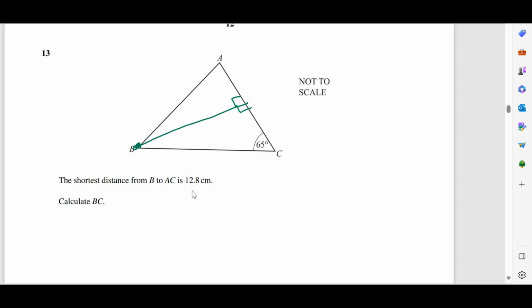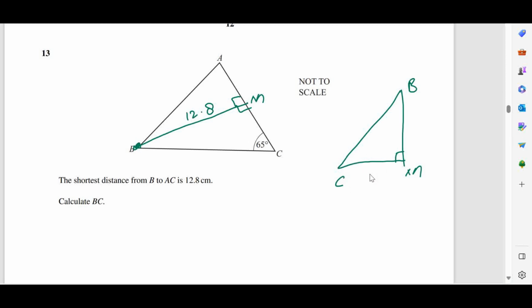Now AC is 12.8. This is given, that this side is 12.8. We have to find out the side BC. So if we draw it separately, this will be point B, this point is, let's say, M, and this point is C. So now we have to find out BC.